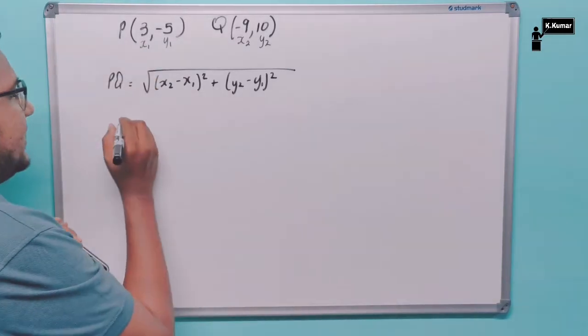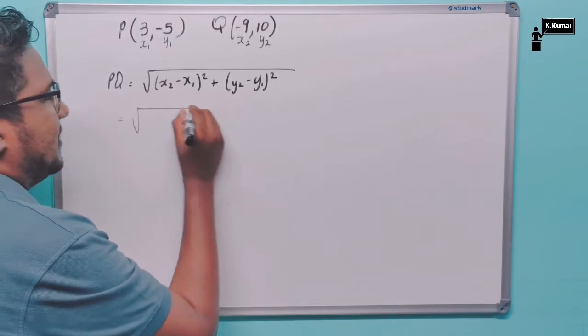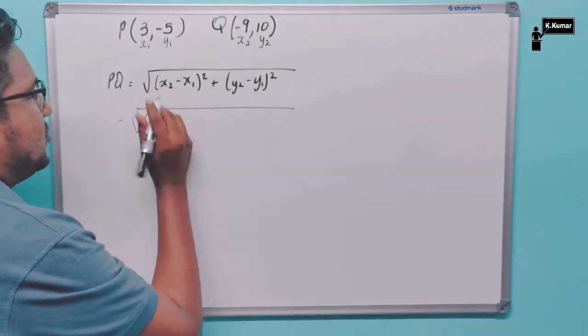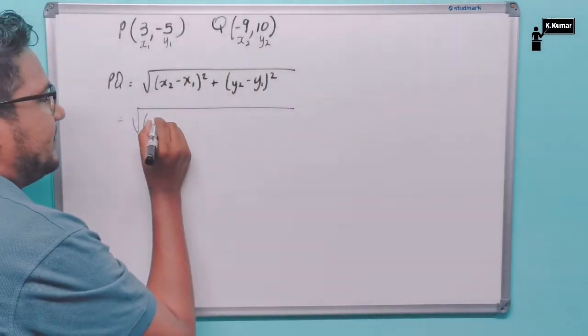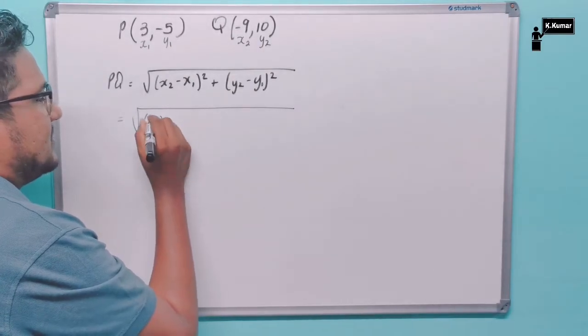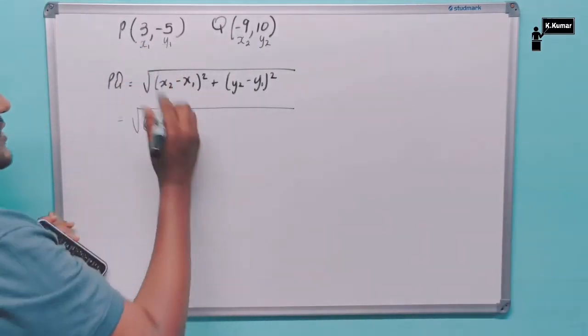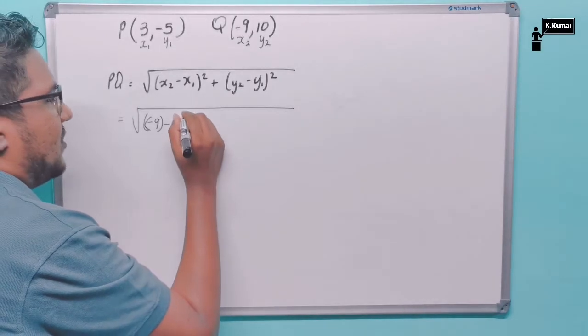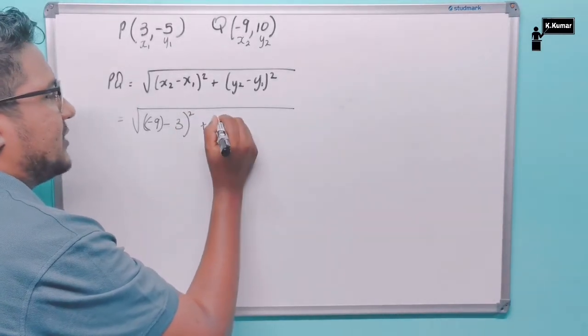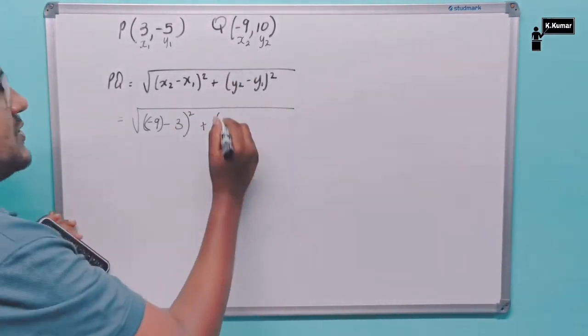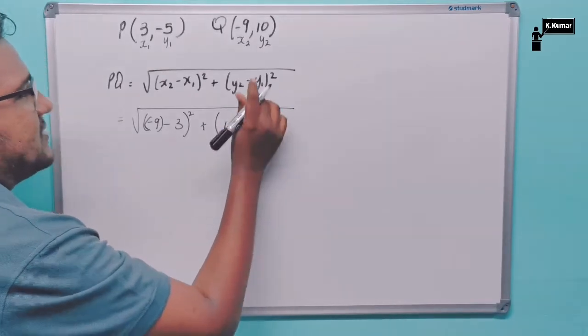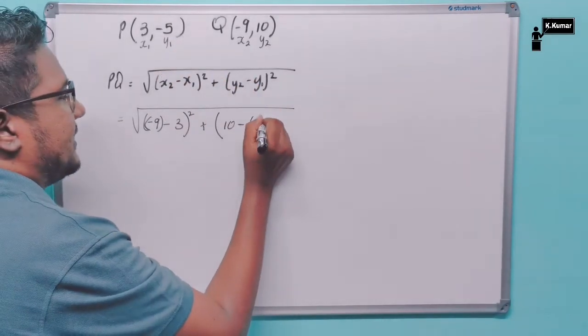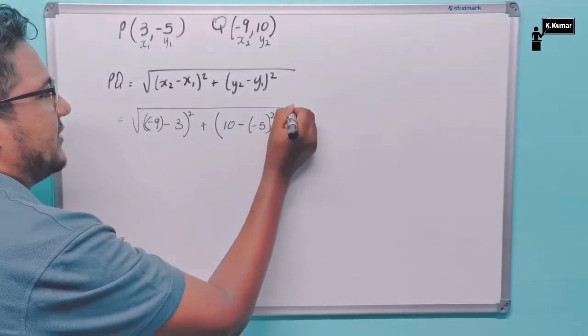So let's do that. So you have the square root of (x2, which is -9, minus x1, which is 3) all squared, plus (y2, which is 10, minus y1, which is -5) all squared.